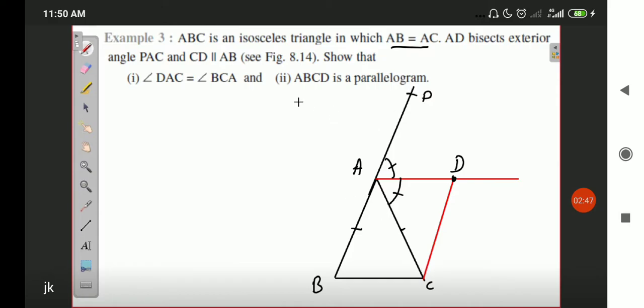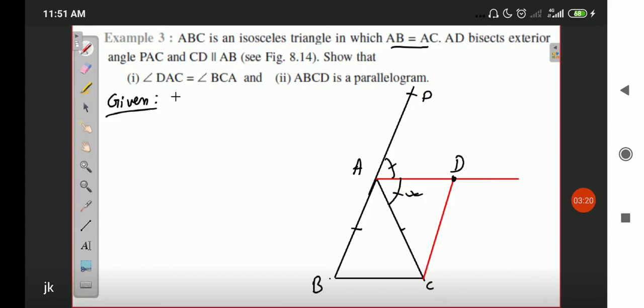So in this we have to prove first of all that angle DAC and angle BCA are both equal. Angle DAC, that is this angle, and angle BCA are both equal. After that we have to prove that ABCD is a parallelogram.